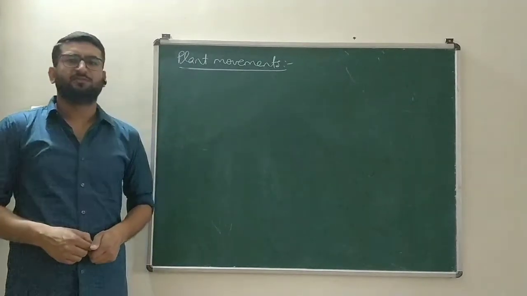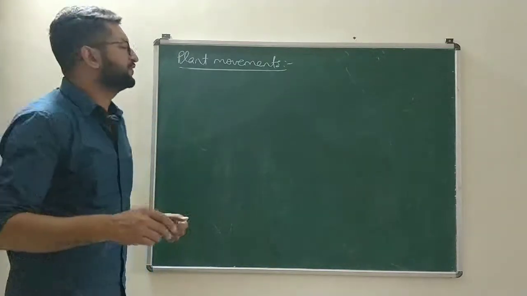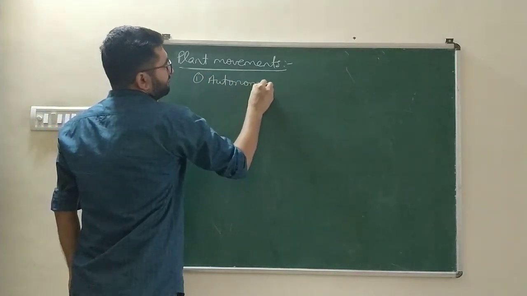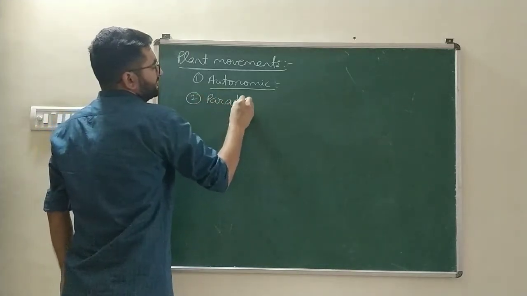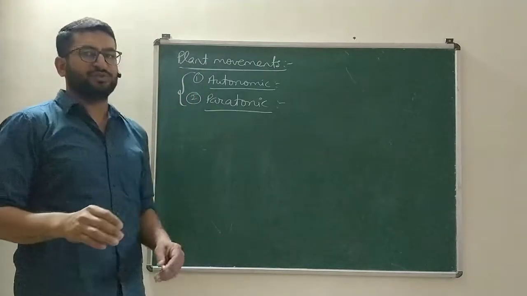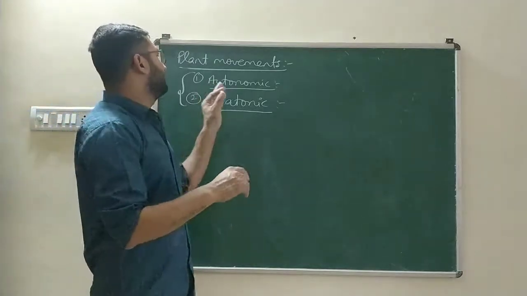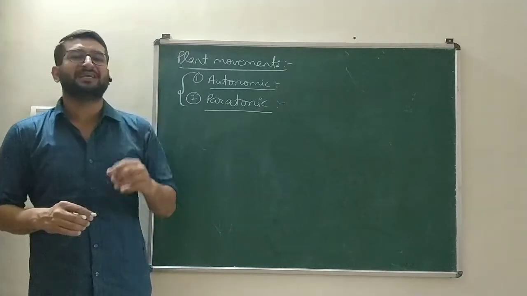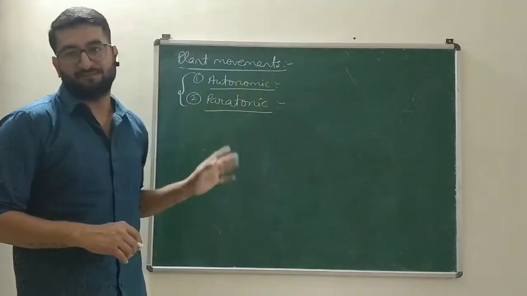Now we will discuss the plant movements. The plant movements due to growth are of two types. One is autonomic and the other one is paratonic. Both these movements are not included in your syllabus, but the general introduction must have been taught to you. The first is autonomic movements. The movements of the plant parts due to internal factors are known as autonomic movements.